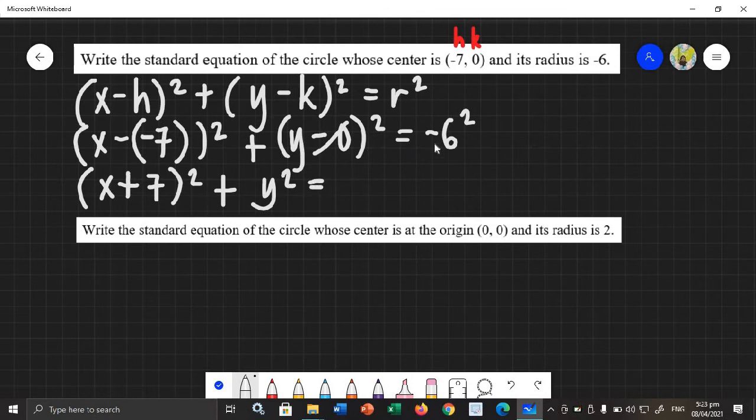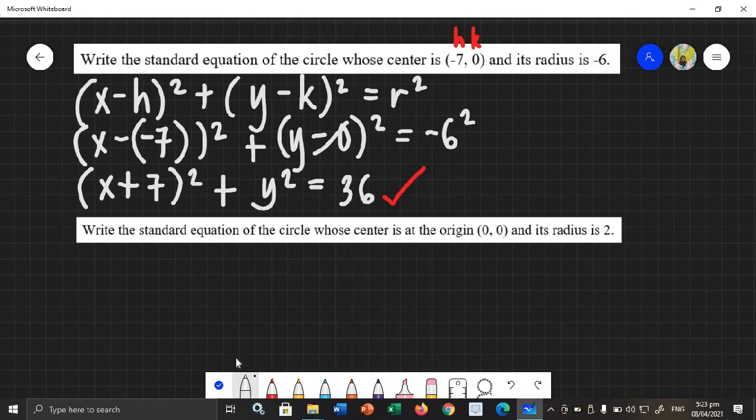Equals negative 6 squared, simplify, it will become 36. And this will be now the equation of the circle whose center is (-7, 0) and its radius is equal to negative 6.